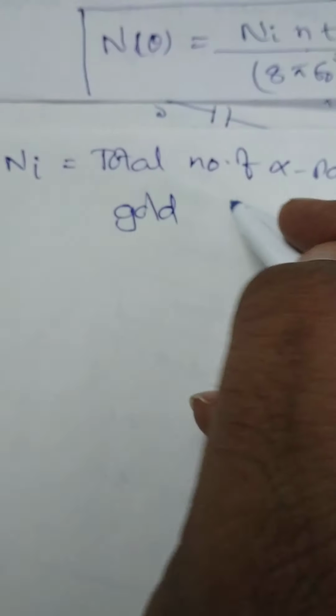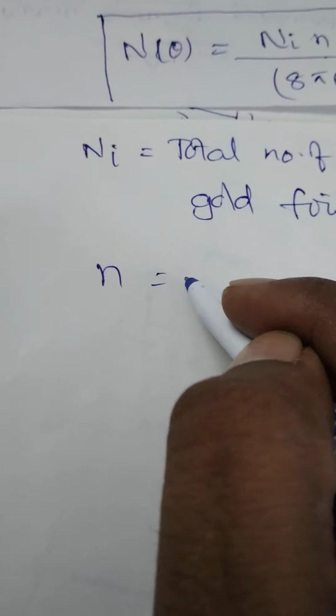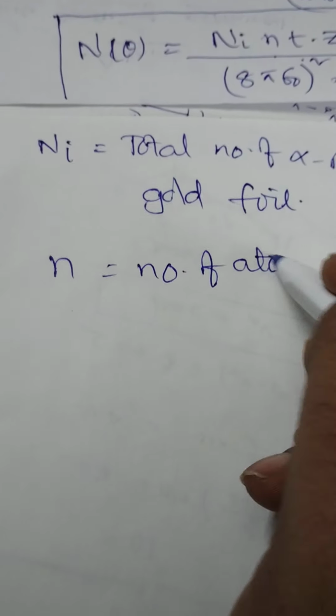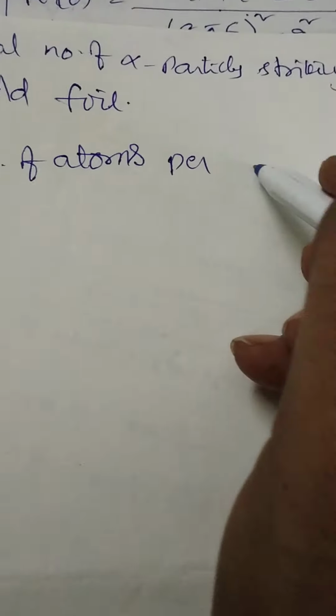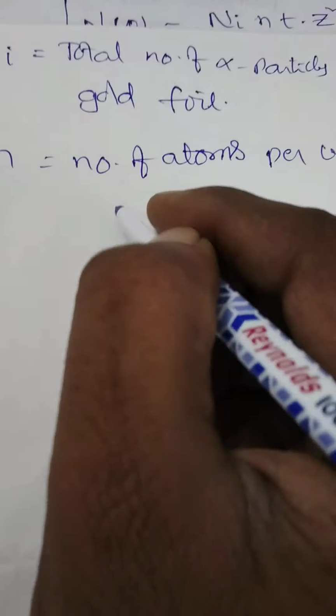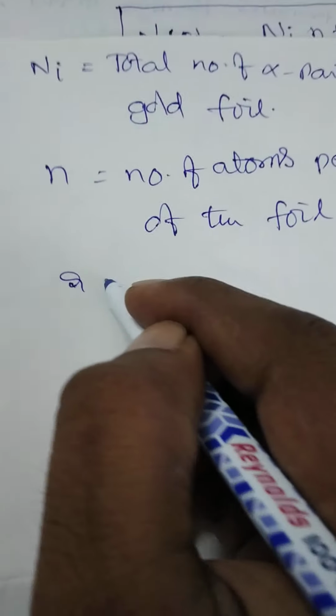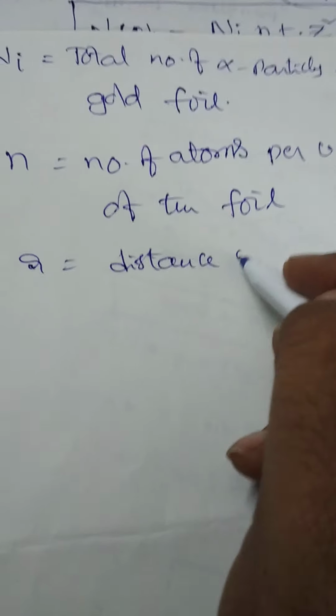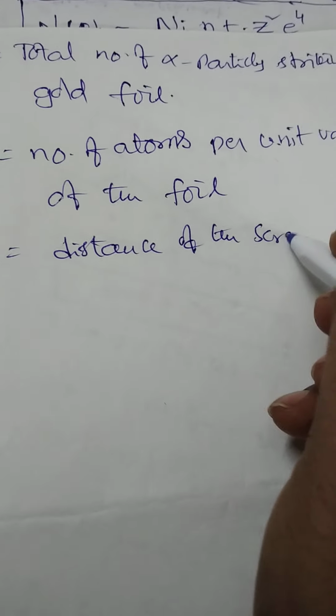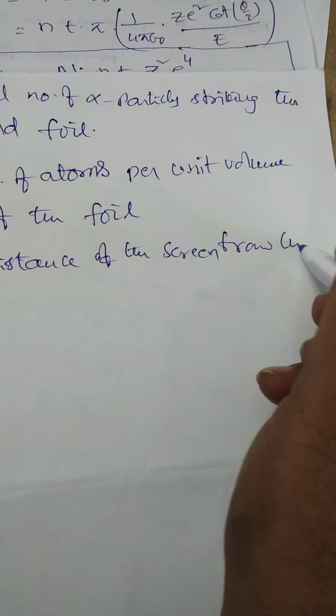Small n is the number of atoms per unit volume of the gold foil. r is the distance of the screen from the foil.